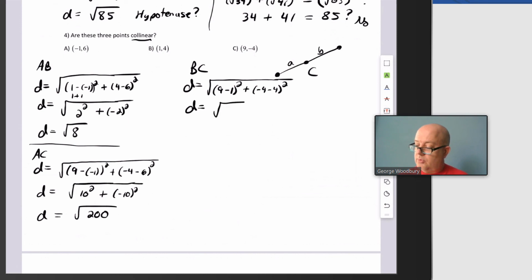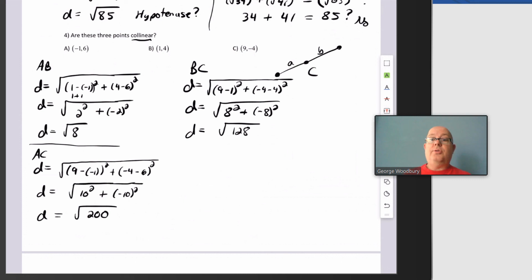So we've got the square root of 8 squared plus -4 minus 4, that's -8 squared. 8 squared and -8 squared both equal 64. When we add those together, we get 128. And so those are our three distances.